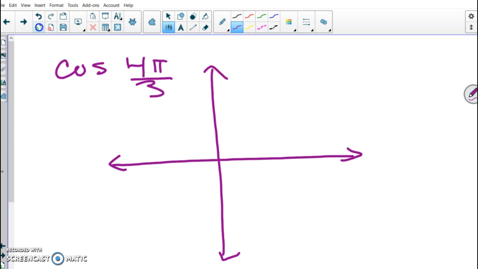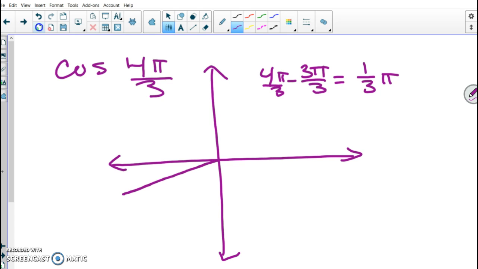Well, I know that pi is 3 pi over 3, and if we take the difference of 4 pi over 3 and that, we get a reference angle of 1/3 pi. Well, I know that 4 pi over 3 was past the pi value, and now I know by a distance of 1 pi over 3.